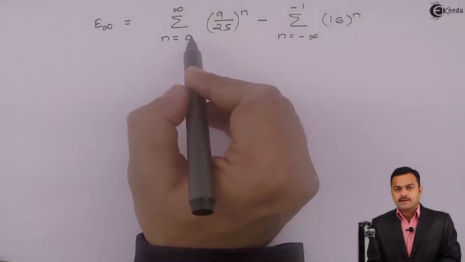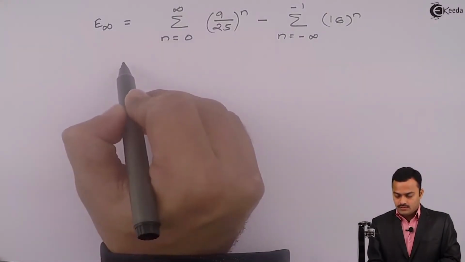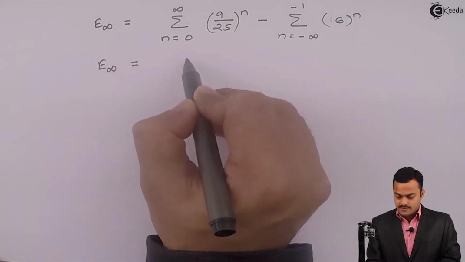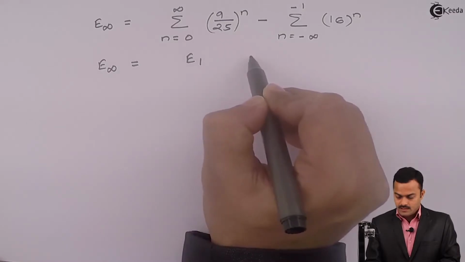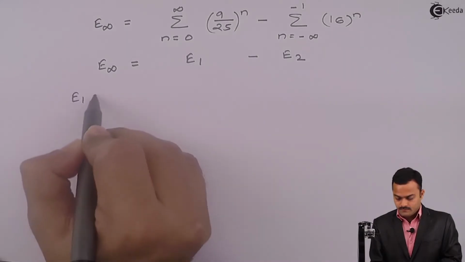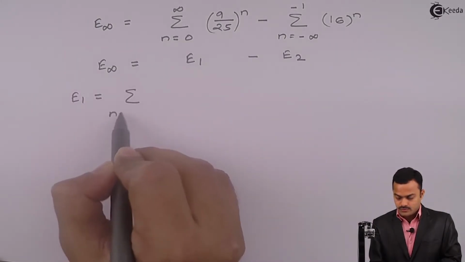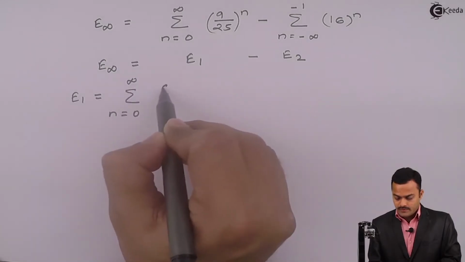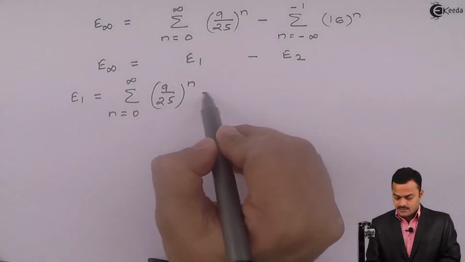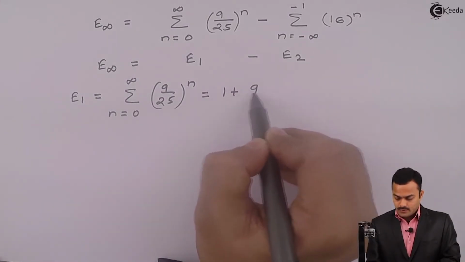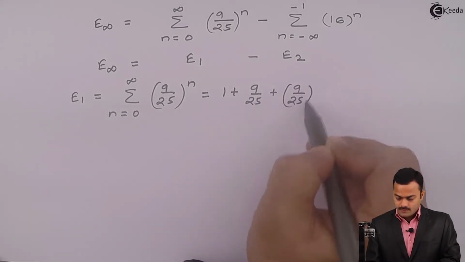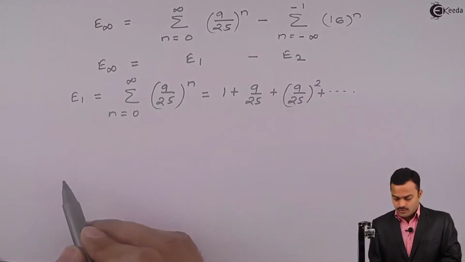I will consider E infinity as the algebraic sum of two energies, E1 and E2, where E1 equals summation n equal to 0 to infinity of (9/25) raised to n, which series can be written as 1 plus 9 by 25 plus (9 by 25) square, and so on.